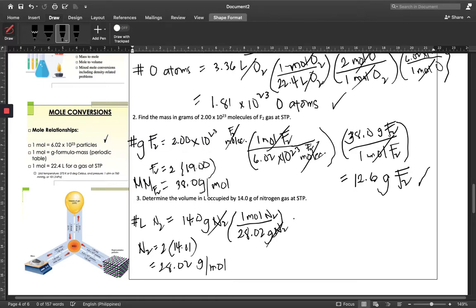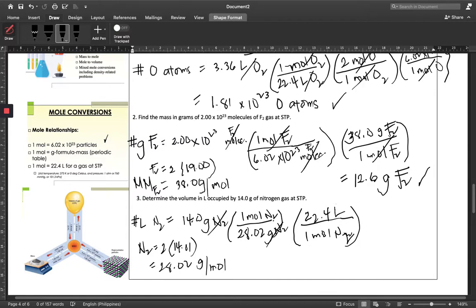After having moles, we can convert this into the molar volume, or the liters. So we know that at standard temperature and pressure, 1 mole of a gas, or 1 mole of N2 for that matter, is equal to 22.4 liters.